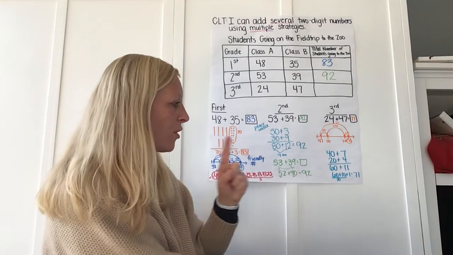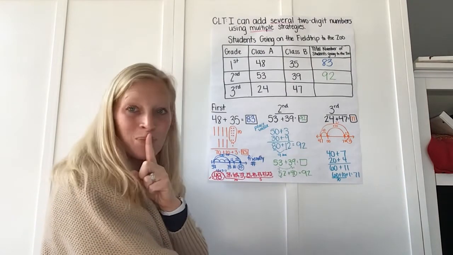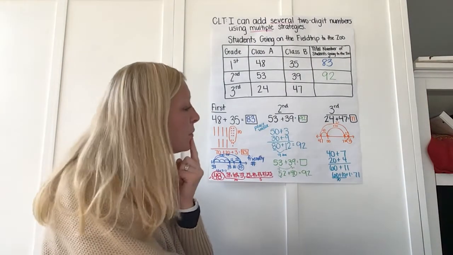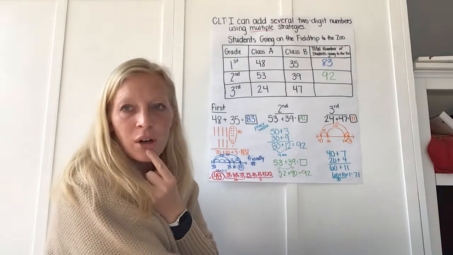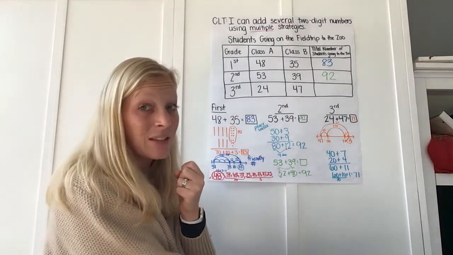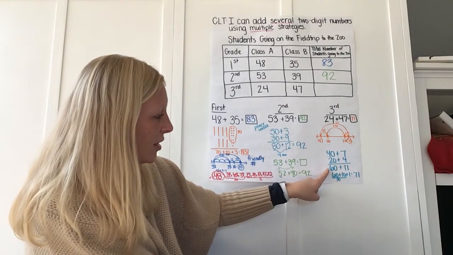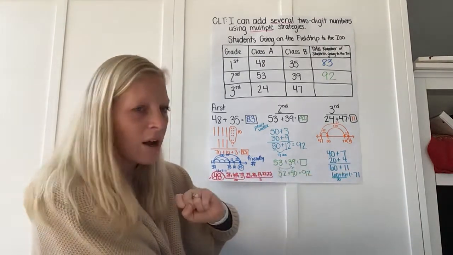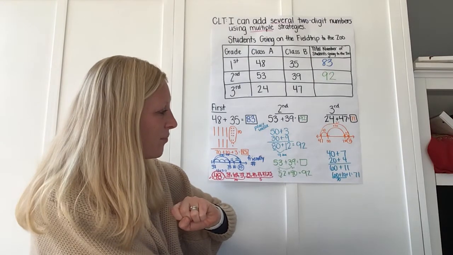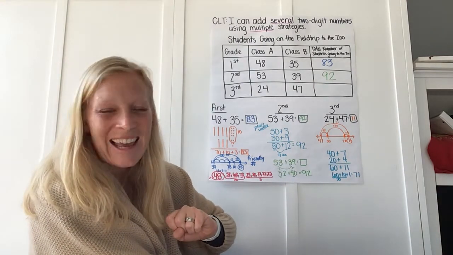What about this friend's work? They're using place value. They're also using that place value to pull that 10 out, aren't they? So they added their 10s. When they added their 1s, what did you notice? It is more than 10, isn't it?